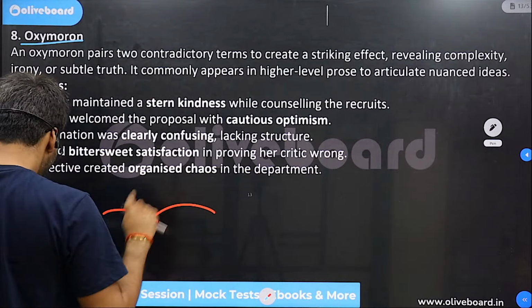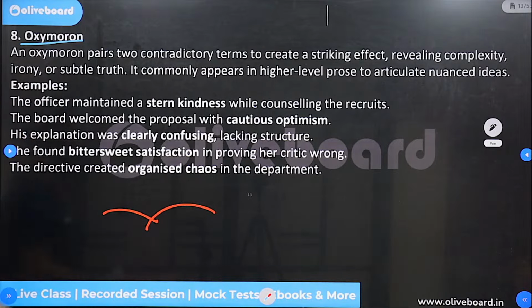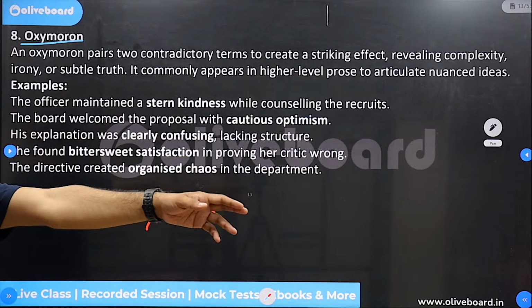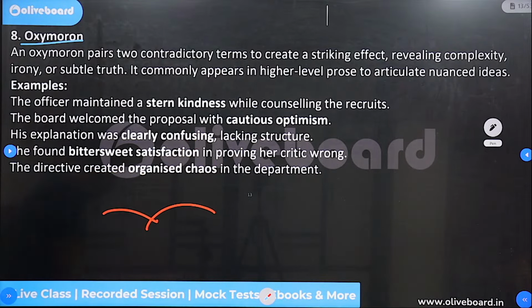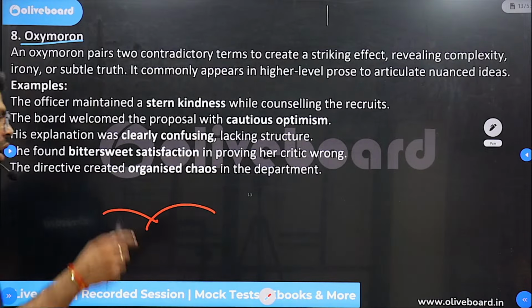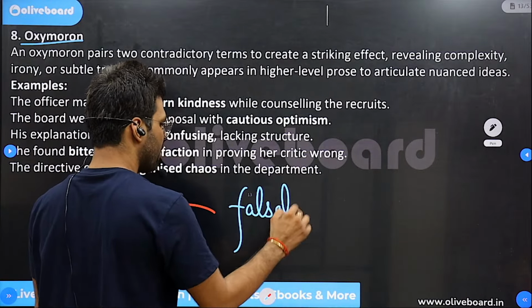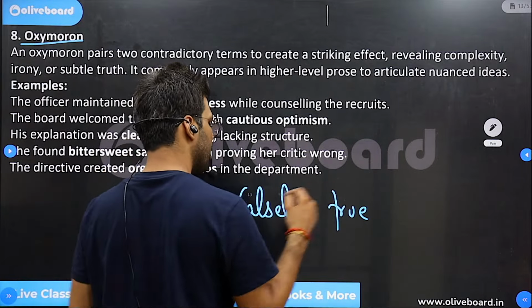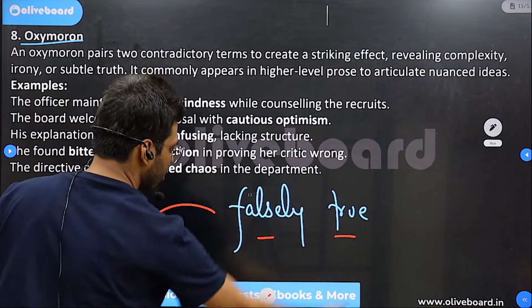Two opposite things together. You are falsely true. Yes, chivalrous, great. Jagdish, great. You are falsely true. Common examples of mine. If somebody is true, how can he be falsely true? You are truly false. Truly false. Oxymoron.